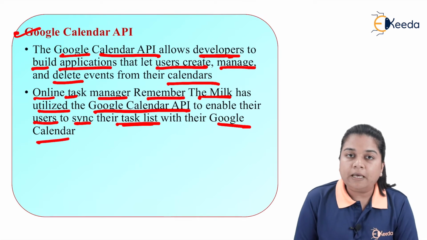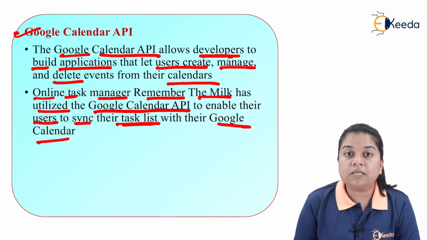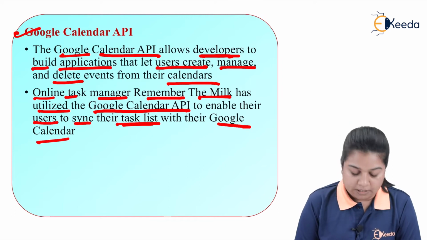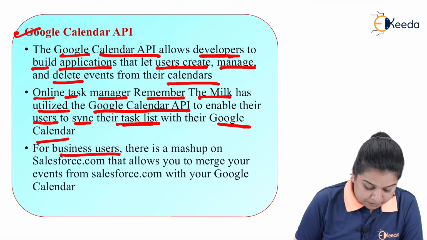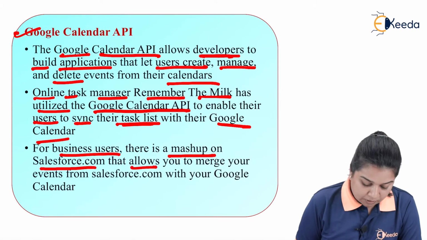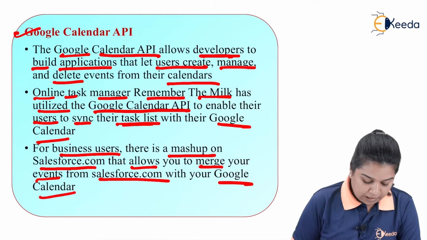See, we are taking examples where these APIs are being used, or where we come into contact with these APIs day by day. For business users, there is a mashup on salesforce.com that allows you to merge your events from salesforce.com with your Google Calendar.